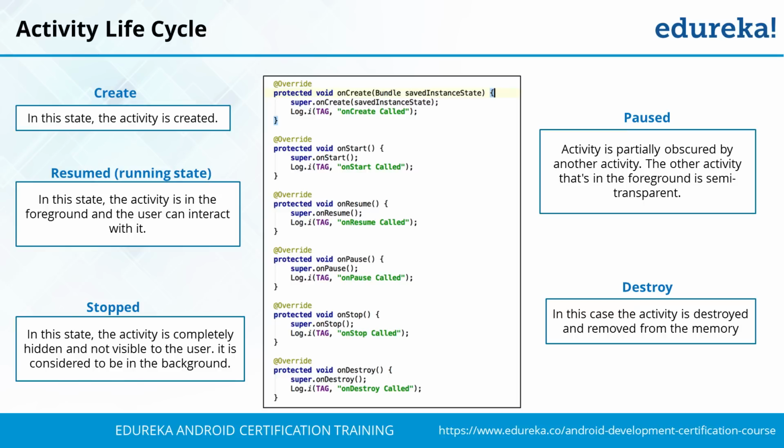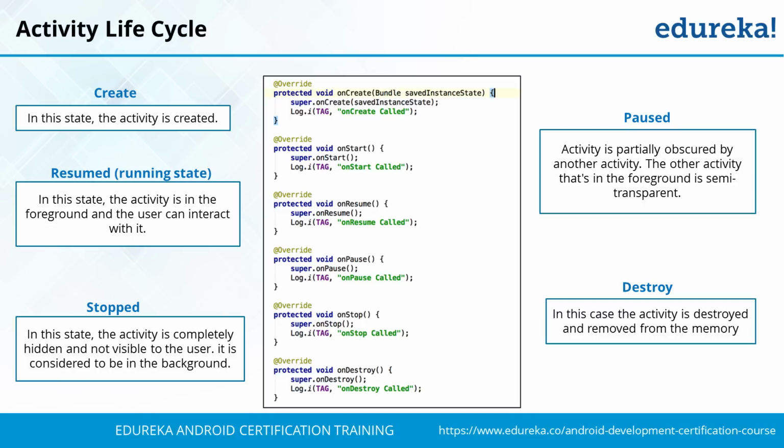It's like some other component has covered your activity but you can see the activity and you cannot interact with it. Destroy is a state where your activity is removed from the memory. Let's try to override each and every life cycle method of your activity and try to run the code and see how these life cycle callbacks come into action, right?